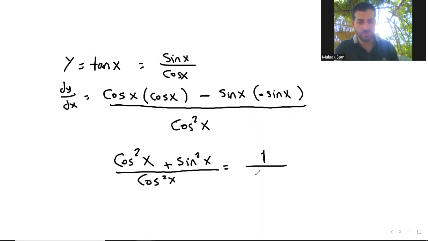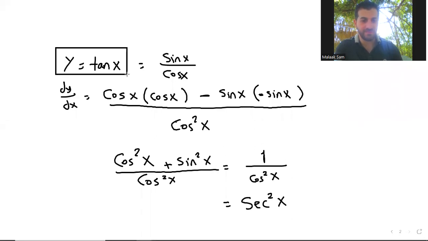And down, we'll write cosine squared x. You know that 1 over cosine squared x, we can write as sec squared x. So if y equals tan x, the derivative of tan x is sec squared x. That's it.